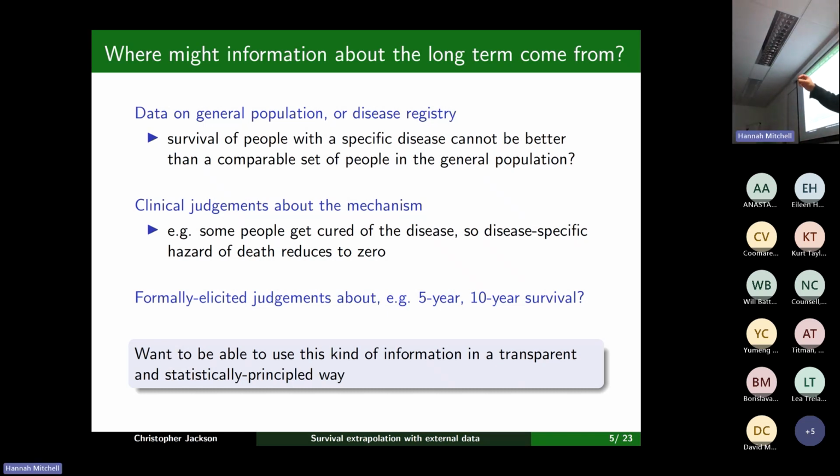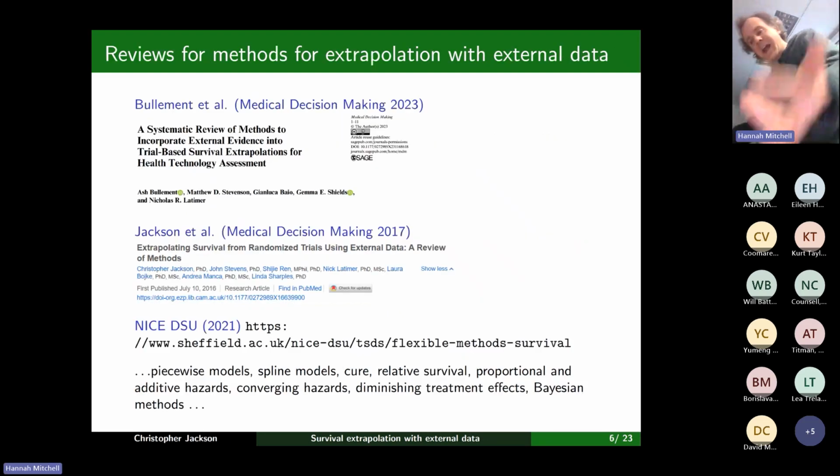So in those cases, the risk of dying from that specific disease will reduce to zero at some point. You might want to formally use expert elicitation to quantify judgments about long-term survival, and want to be able to use this kind of information in some way that is statistically principled, but also clear and transparent.